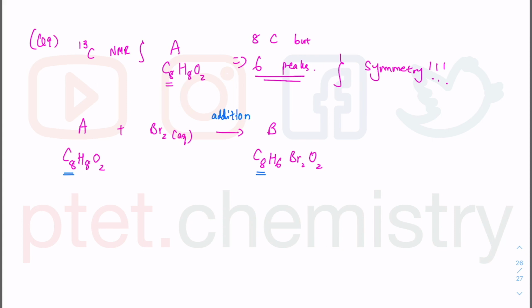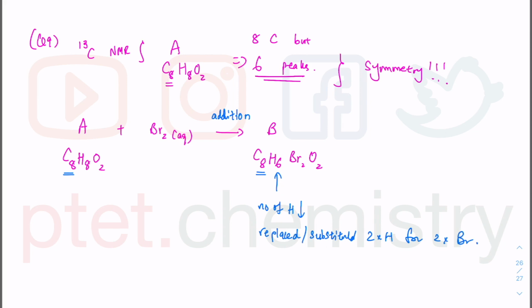The number of hydrogen has decreased actually. Wonder why. The number of oxygen is the same. The number of hydrogen decreases. So you have substituted 2 hydrogen for 2 bromine.